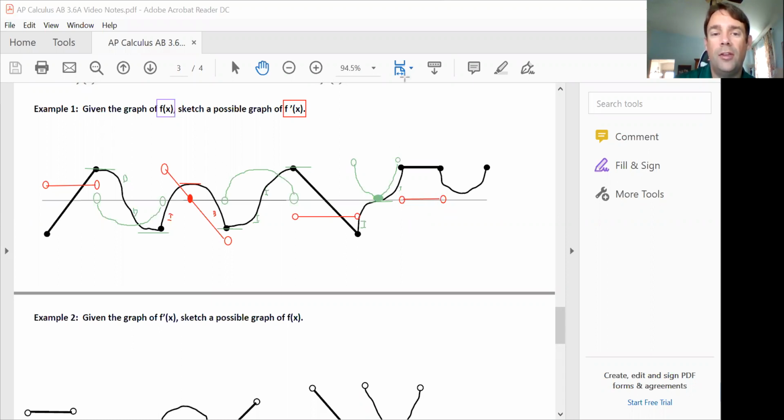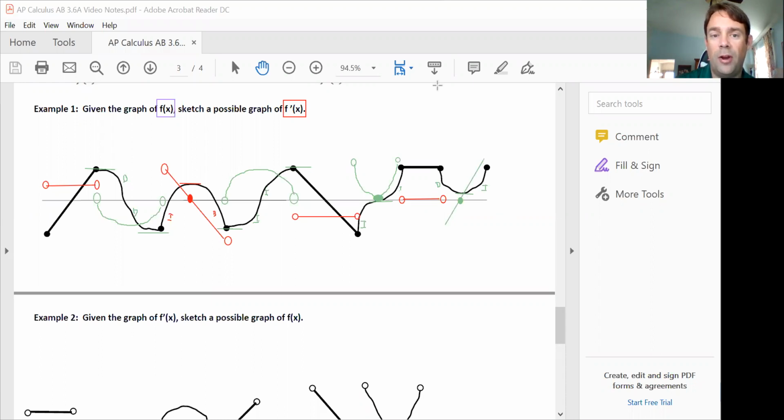And then last and certainly least, we're back to our green here. We have a horizontal line, which tells me I'm going to have an x-intercept. And then since my graph is going from decreasing to increasing, I'm going to have a line that's going to go from below the x-axis to above the x-axis like this.